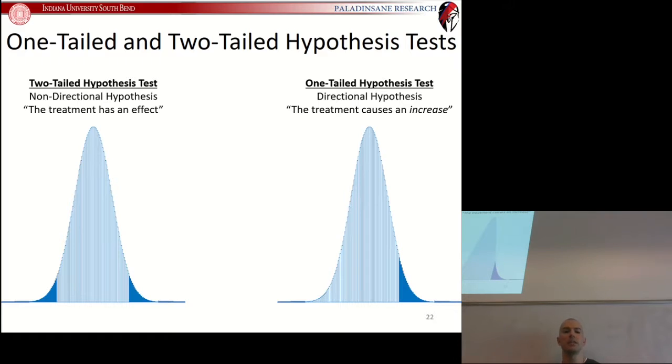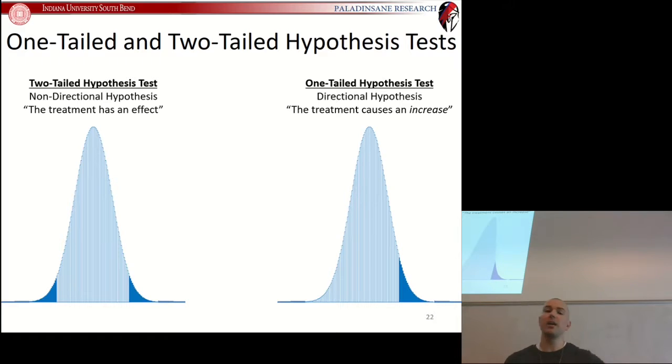Does the treatment cause an increase? Then you do a one-tailed hypothesis test. So for example, we're looking at the effects of social media on depression. Some theories say the higher use of social media will increase depression because you're constantly comparing your average to everybody else's best.